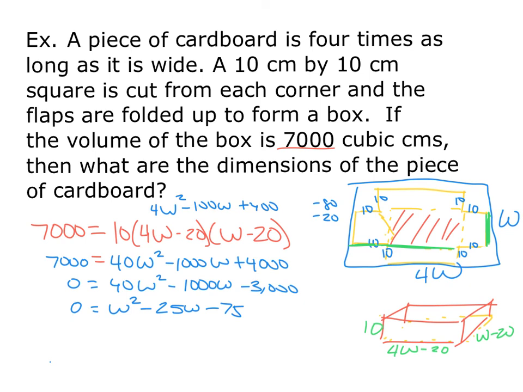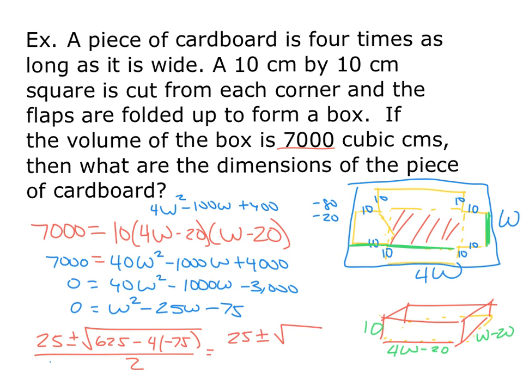Quadratic formula. 25 plus or minus the square root of 625 minus 4 times negative 75, all over 2. It's 25 plus or minus root 925, all over 2. Let's see. 25 plus root 925, divided by 2.